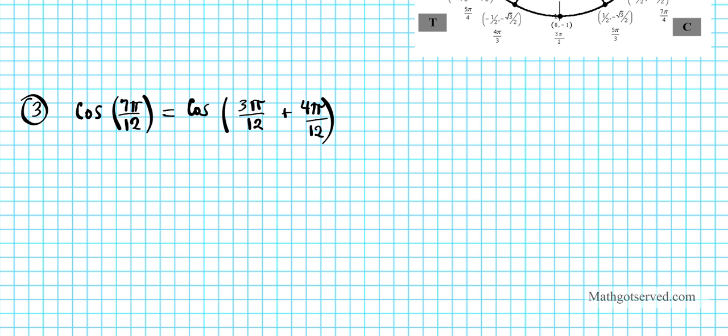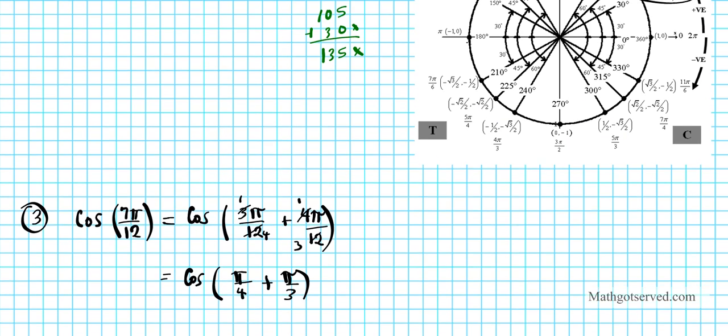Now I'm going to reduce these two fractions, and we're going to end up with two common angles. So we're going to have cosine. 3 goes into 12 4 times, so 3 goes here once, 3 goes here 4: pi over 4 plus, now 4 goes into 12 3 times, 4 goes here 1, 4 goes here 3, plus pi over 3.